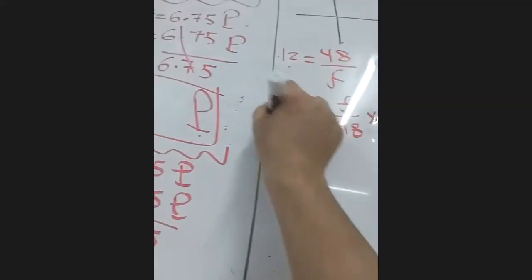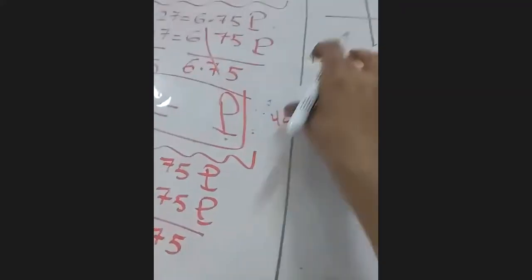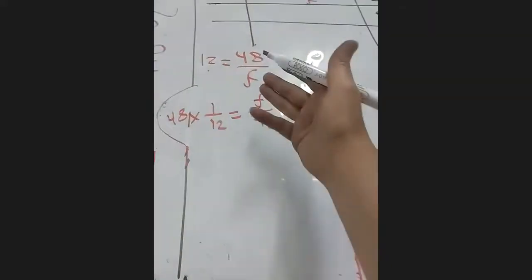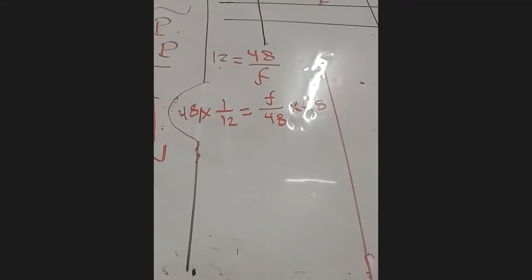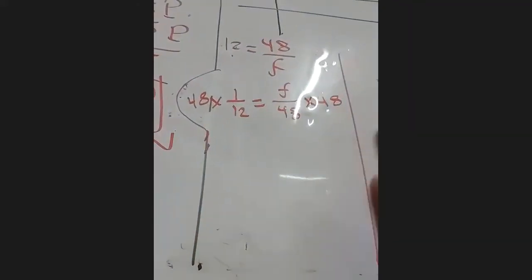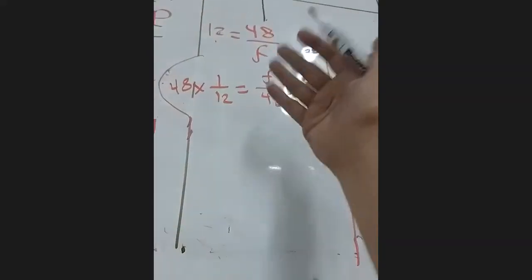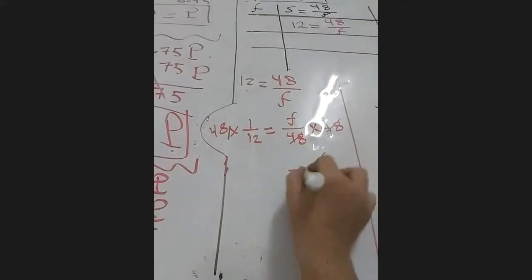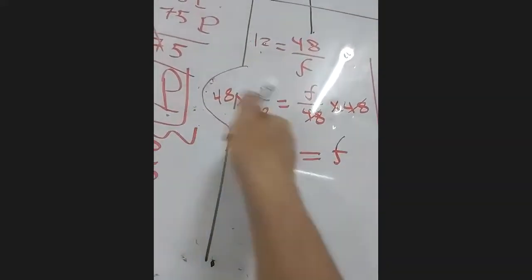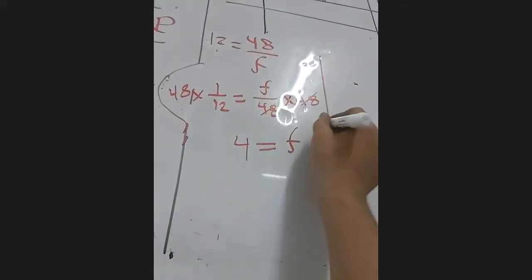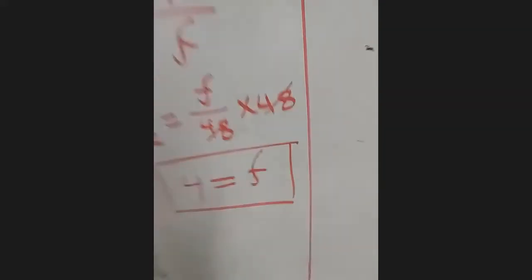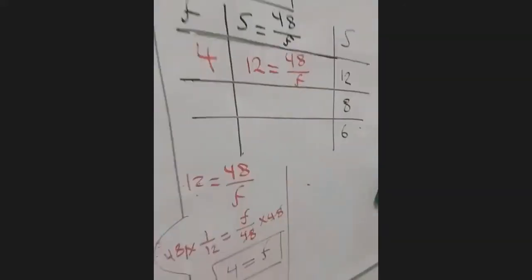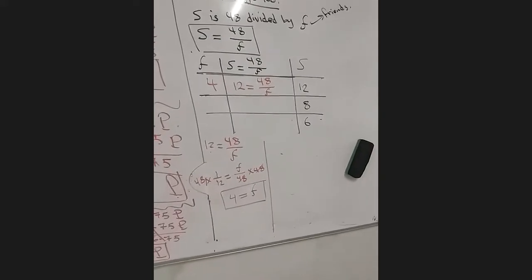You multiply with the divisor of the variable, right? Yes. 12 is not the divisor of the variable. 48 is the divisor of the variable. Focus, Omar. Now, 48 with 48 gone, f will be here over 1, multiply, divide. The answer will be 4. So f is 4 here. Do you understand it?